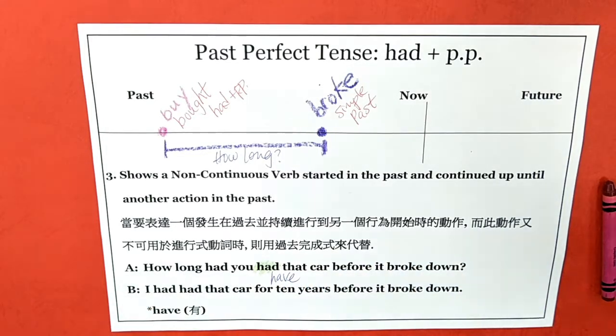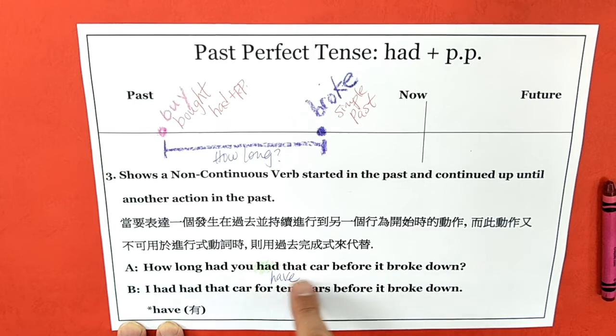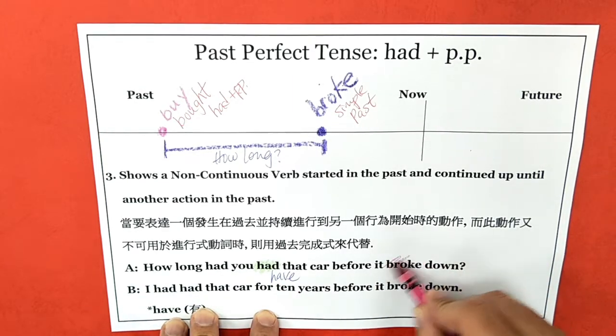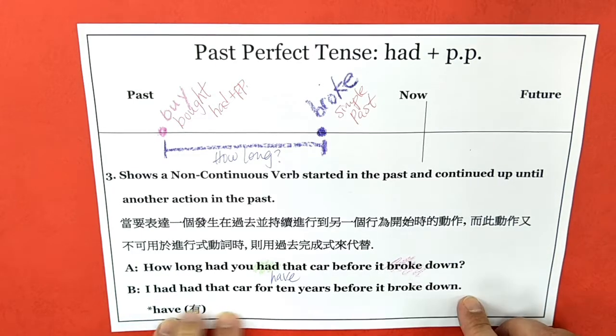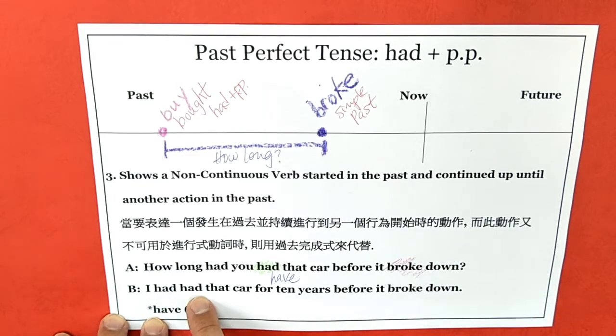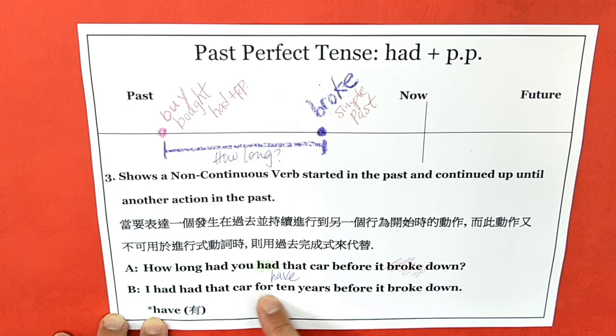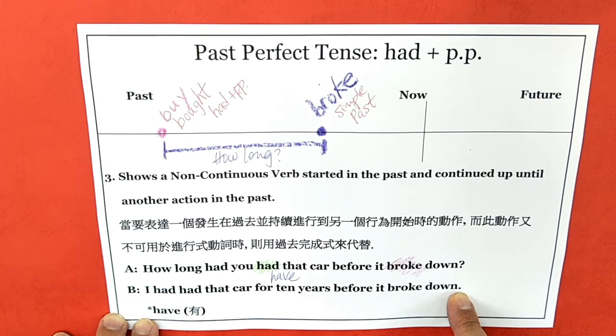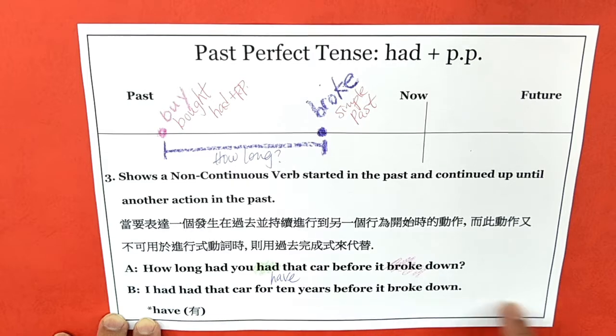I just said, I have a dog, not I am having a dog. So, how long had you had that car before it broke down? All right, see, it broke down, simple past, okay? I had that car for 10 years before it broke down. There's have, okay? All right, so very easy.